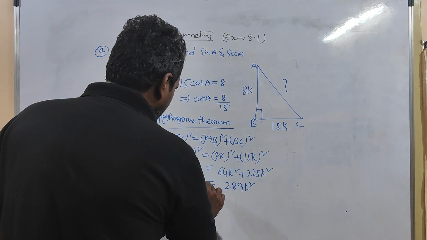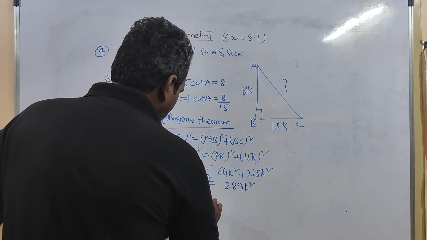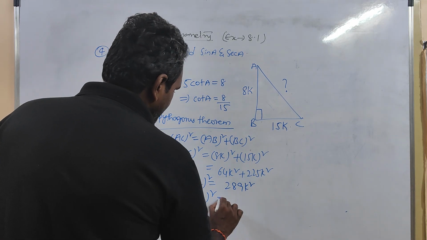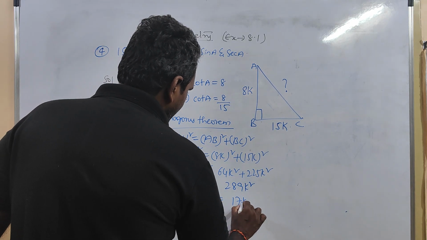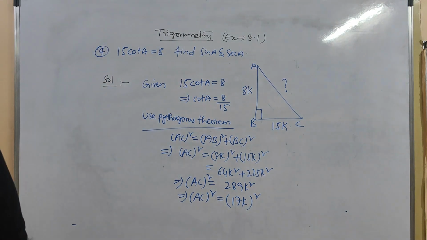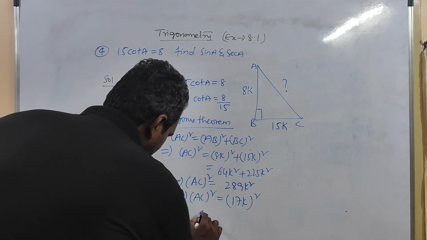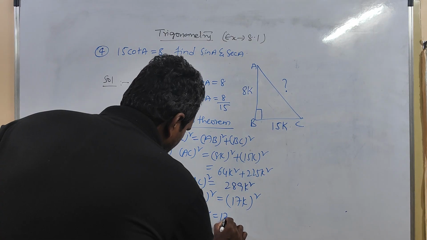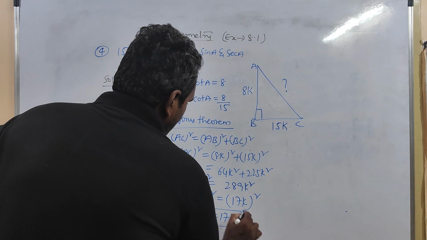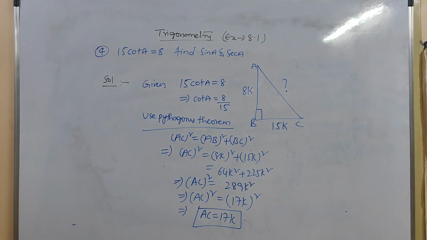This is my AC square. This implies AC square is equal to 17K whole square. 17 square is 289, right or not? 17 square is 289. This implies AC is equal to 17K.